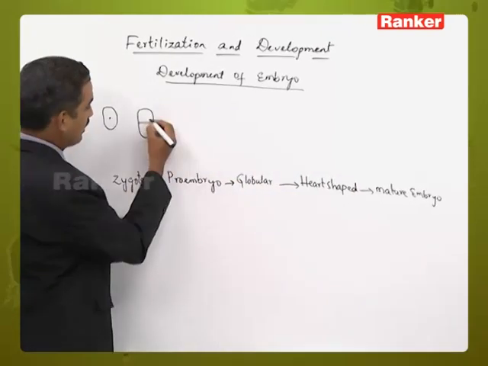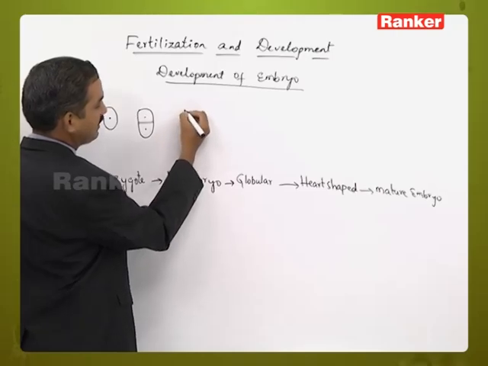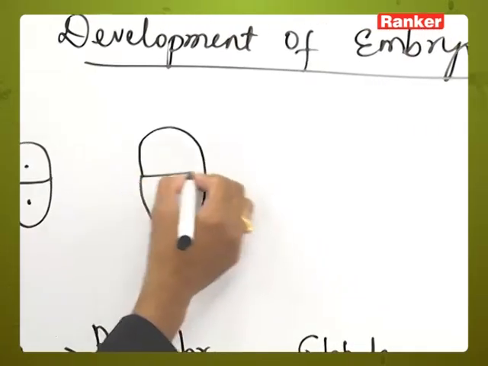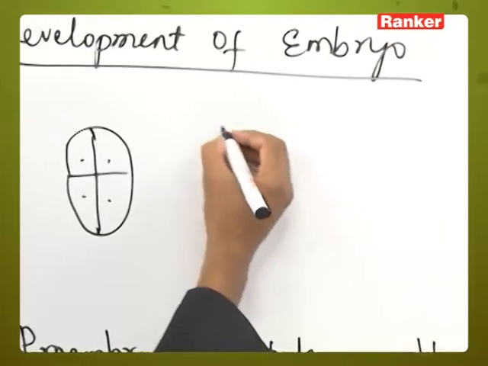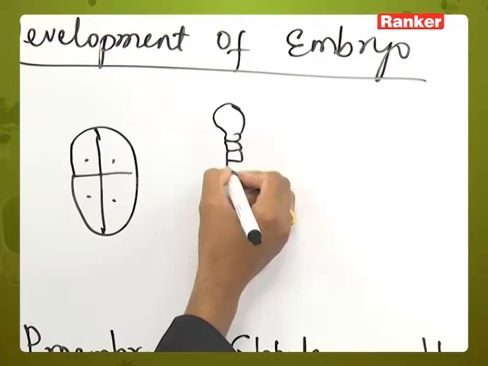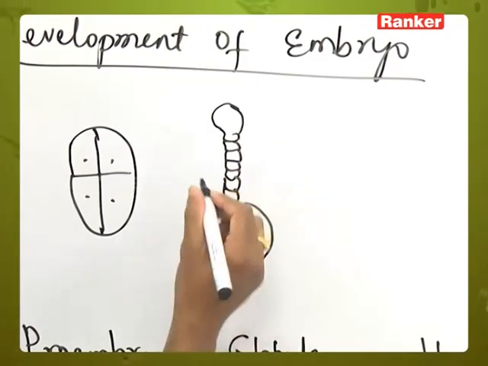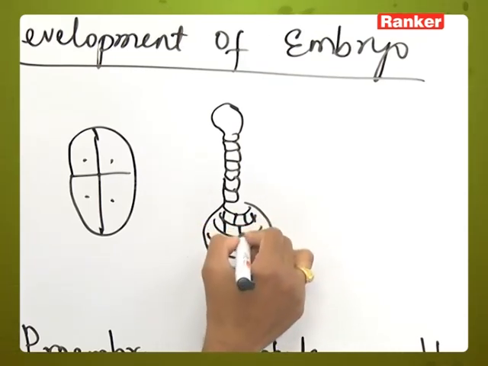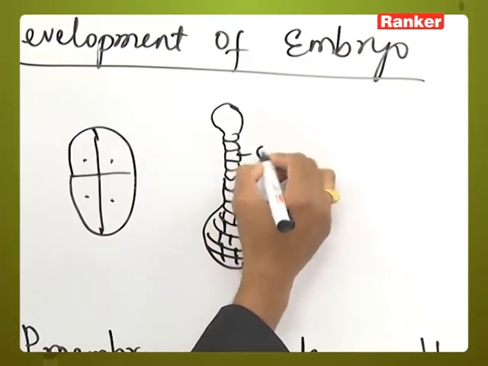So in this process, the two cell structure will be formed, and gradually it will be converted into a small structure, and from this one it will be converted into, by repeated divisions, a small globular structure like this, which contains a suspensor.